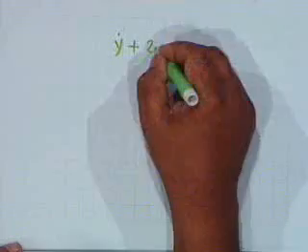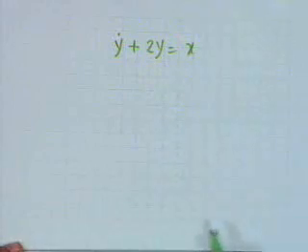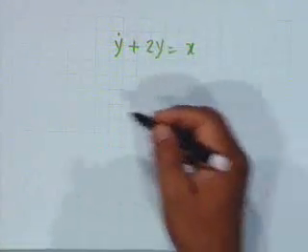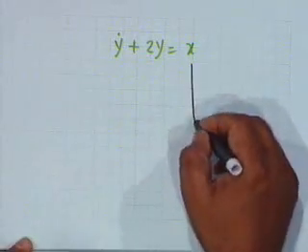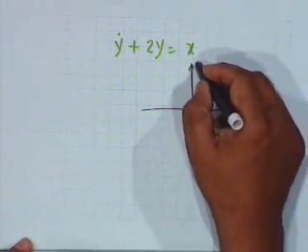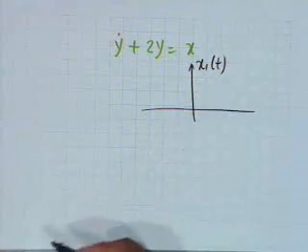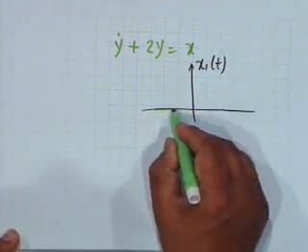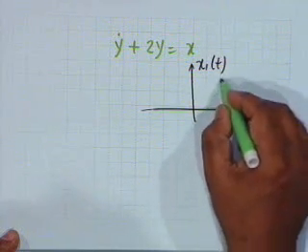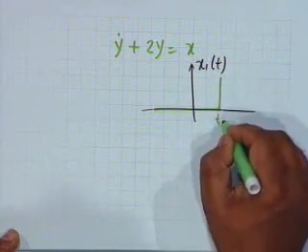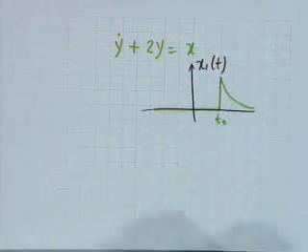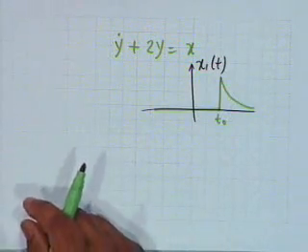Let's consider the same example, that is y dot plus 2y equal to x. And suppose we apply an x1 of t, which is 0 till some time t0. Till some time t0, it is 0, and then maybe it falls down exponentially. Suppose x1 of t is like this.